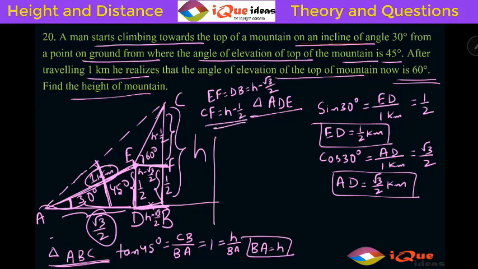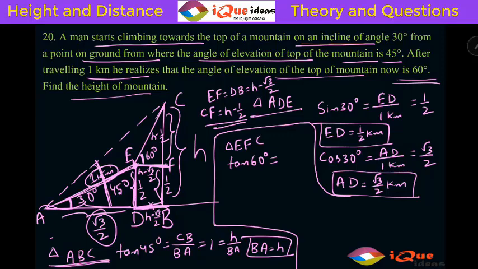Why? Because now what we will do is, we will use triangle EFC. In that triangle, the angle is 60 degree. So we say tan 60 degree will be equal to side opposite to 60 degree will be CF, and adjacent to 60 degree will be EF. Now tan 60 degree is root 3.